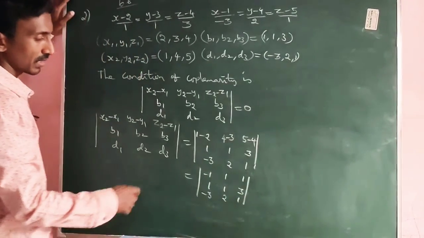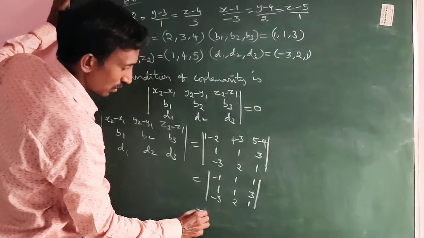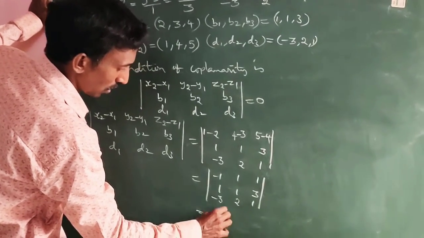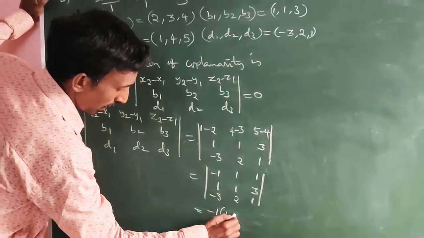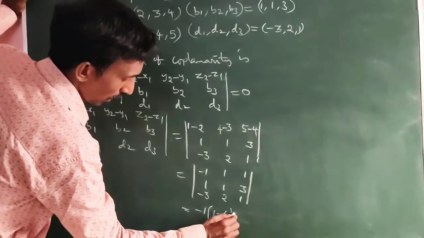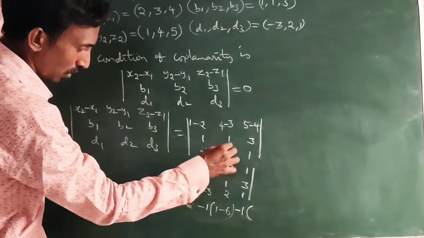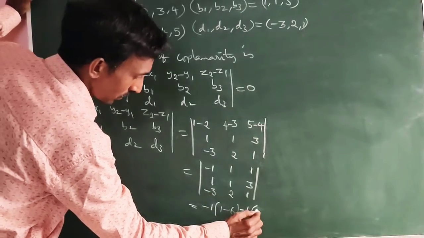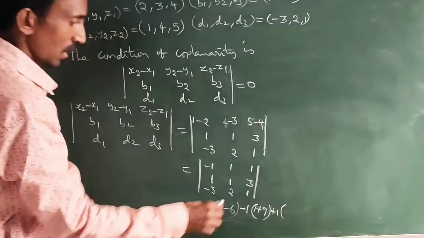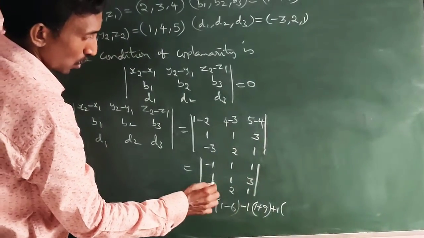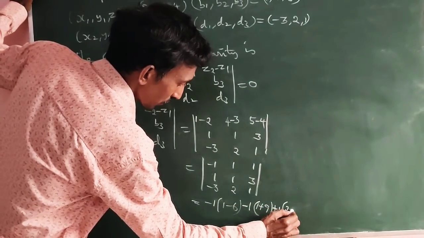Okay, just expand this determinant with respect to the first row. Minus 1 into, delete that row and column, 1 minus 6. Minus 1 into, delete that row and column, 1 plus 9. Plus 1 into, delete that row and column, 2 plus 3.